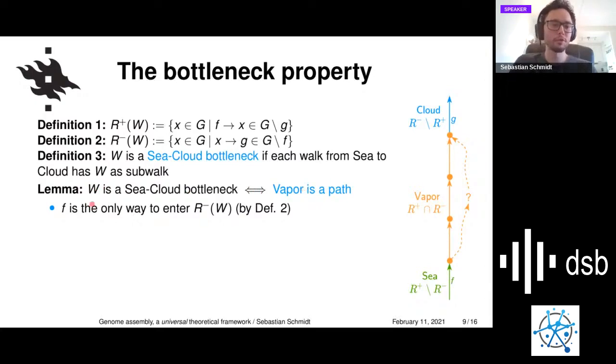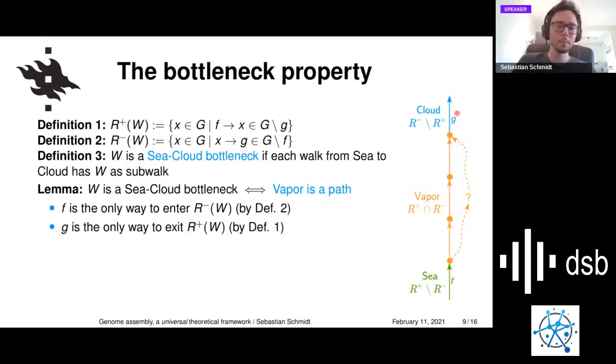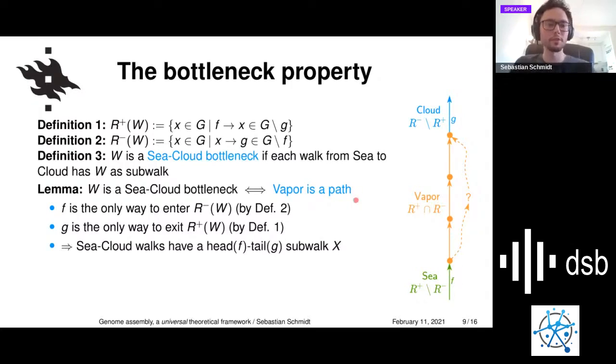And to prove this, we first of all notice that our arc F is the only way to enter R minus, because R minus searches backwards from G and only stops at F. Symmetrically to that, our arc G is the only way to exit R plus, because in R plus we search forwards from F and we only stop if we reach G. And this gives us a nice subproperty.